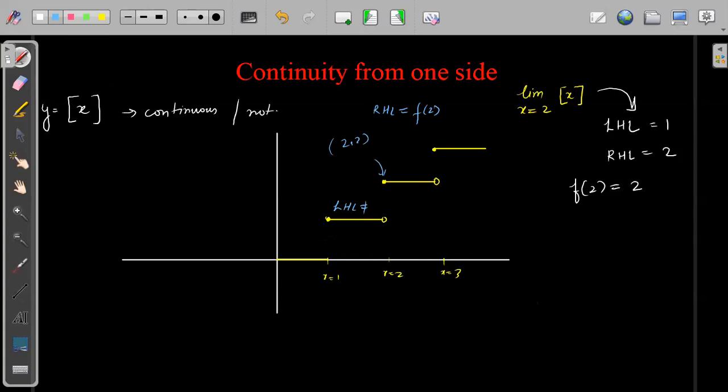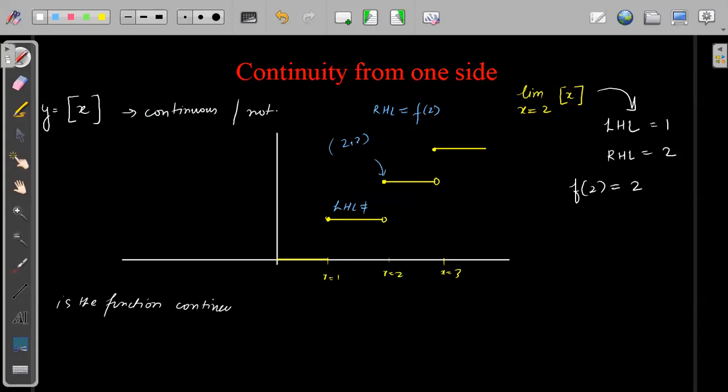So can we say that on the right hand side of the point x equals 2, the function is continuous?